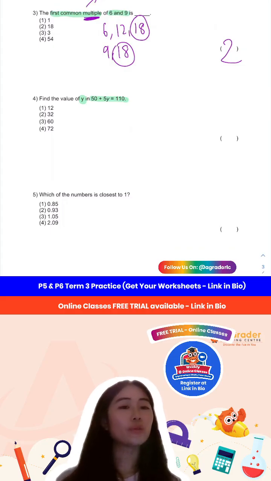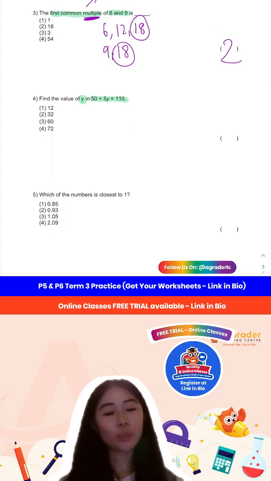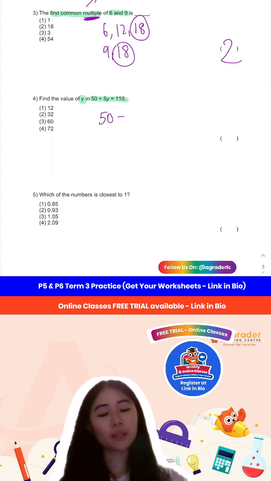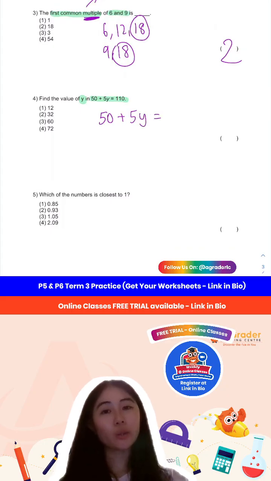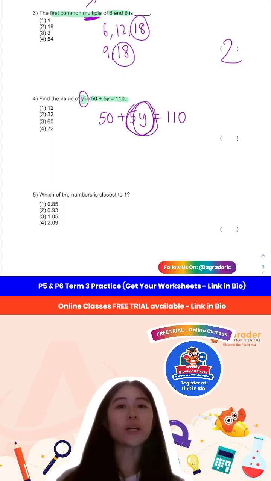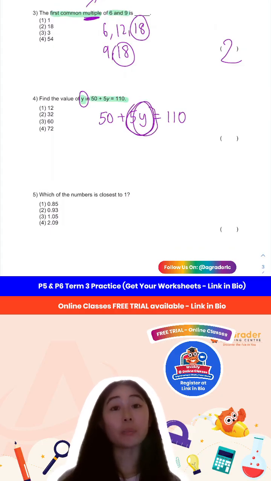Yeah, so most of you are done, right? Shall we go through this? I'm going to write out the equation again. 50 plus 5y equals 110. They're asking you to find y, so you only want to focus on y. You don't really want the numbers, so you don't really want this 50. You can get rid of the 50 by minusing it away.